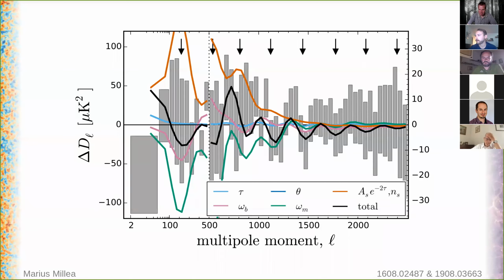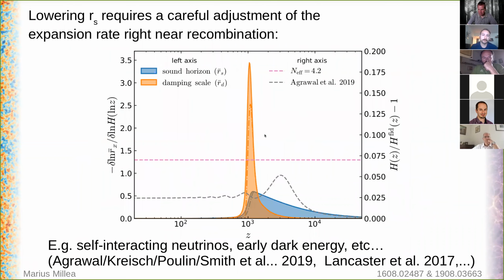where maybe I can use this as an excuse to show this slide that I didn't have time for. It'll take too long to describe this, but basically, I argued that the solution seems to want to be in the early universe, or at least that's one easy way to do it. And these early dark energy models have this extra energy density that increases the expansion rate, reduces r_s by, say, approaching that 7% that you need to get full consistency.